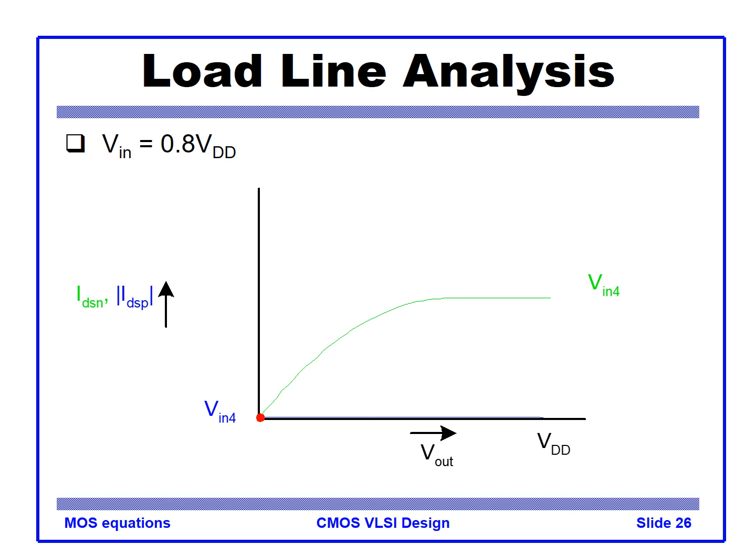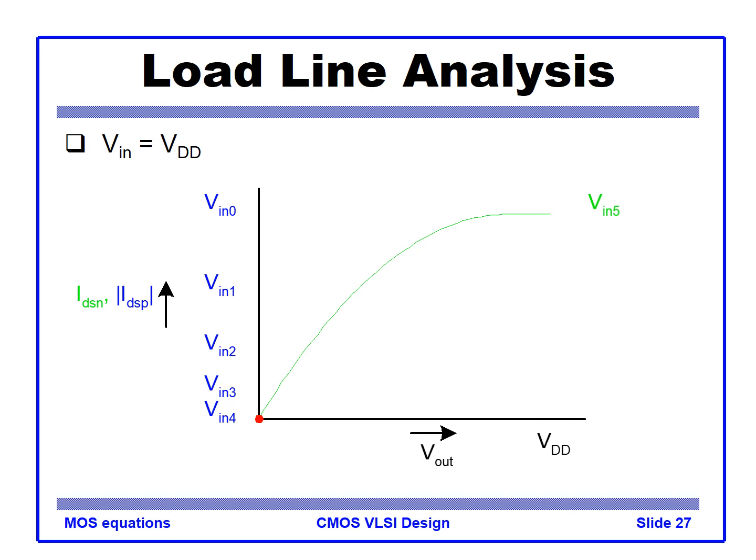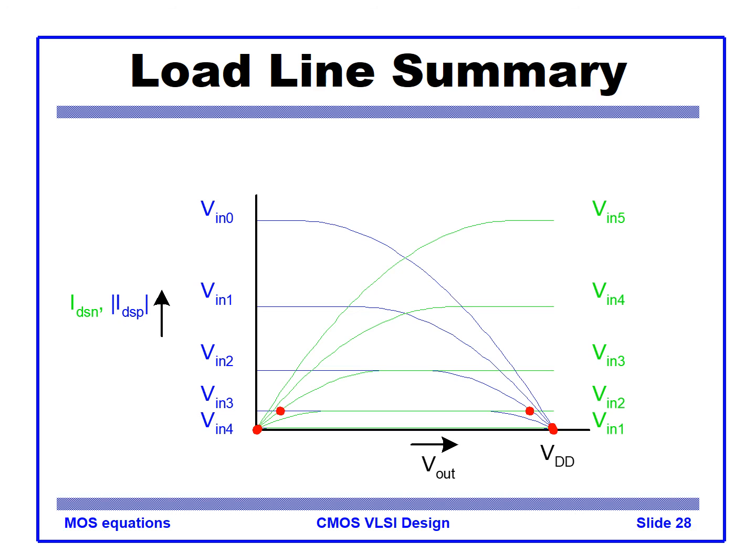Finally, if the input is close to 0.8, the PMOS turns off and only the NMOS is on, the only solution is here, and the output will be near 0. Again, if the Vin is VDD, the output becomes 0. So now we found how to find the crossing point of the two equations for different input levels.